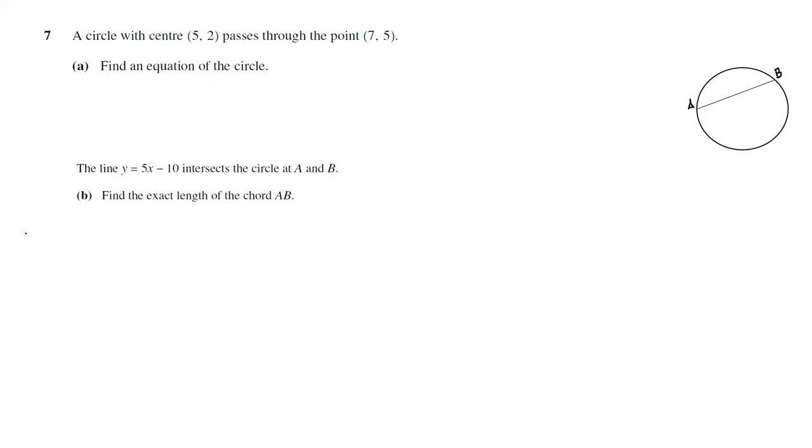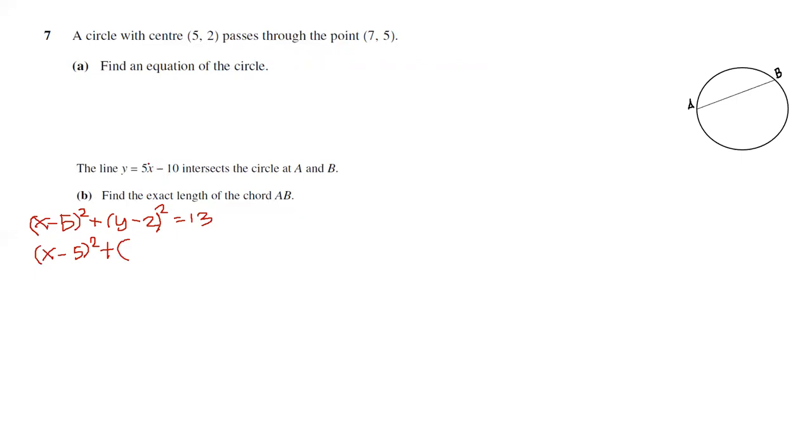Recall the circle equation (x minus 5) squared plus (y minus 2) squared equals 13.